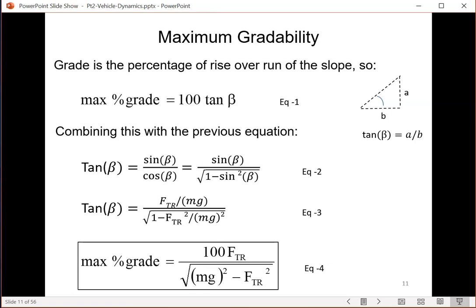But when beta is high, as in this case, because we are trying to work on the maximum gradability, beta can be quite high, so you can't use that approximation. So that's one of the vehicle performance indicators that we can use the equation of motion to work out.